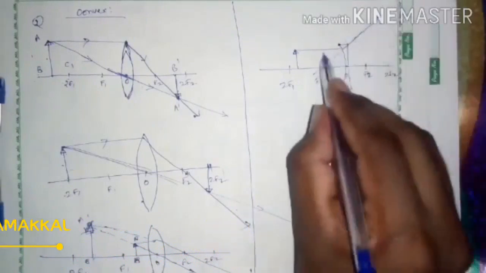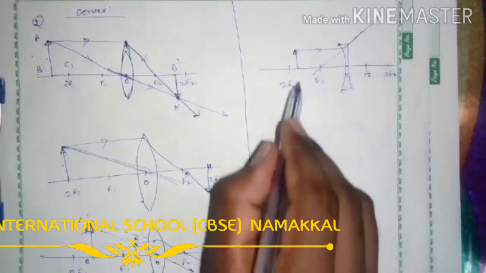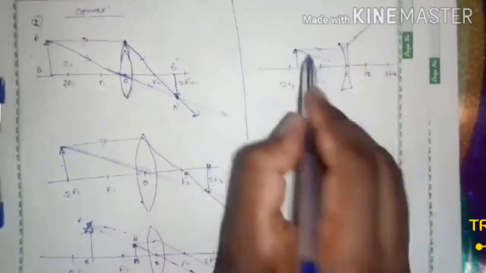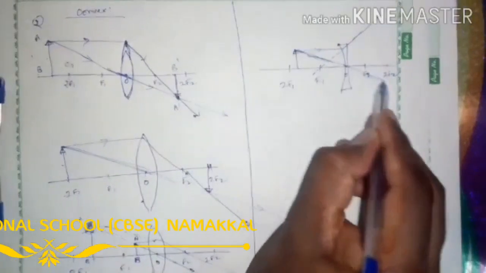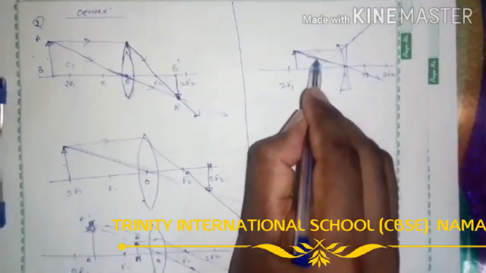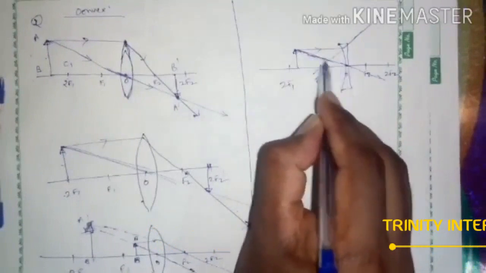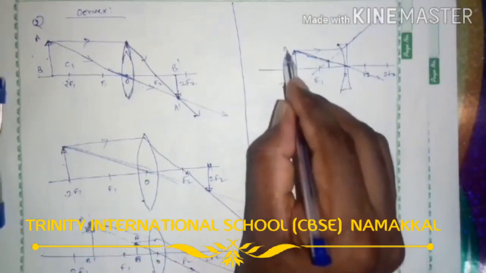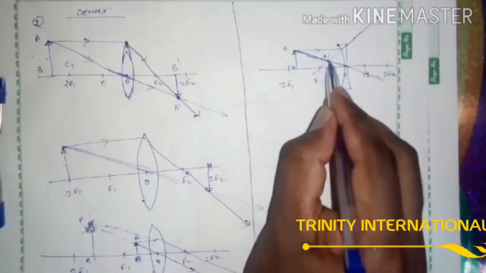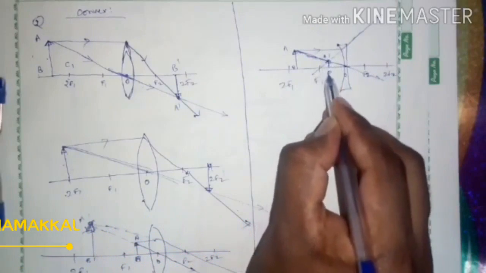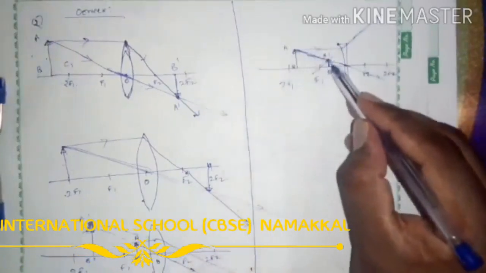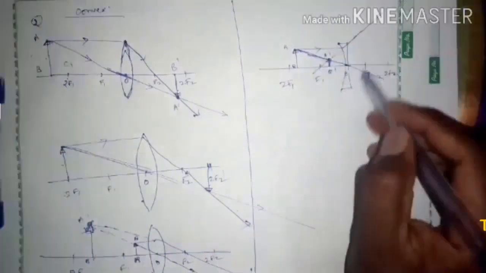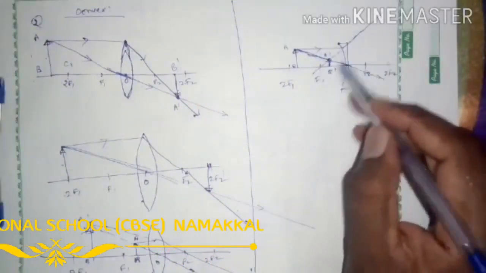This is the convention. The first ray is this, the second ray passes through the optical center. We know, you should draw like this. Just extend the same line backward, and the meeting point will be the image. This is A, B, and this is A dash and B dash. This is virtual and erect, and the image is formed between the optical center and F1. This is in the case of concave lenses.